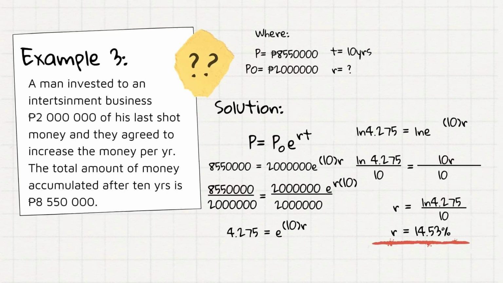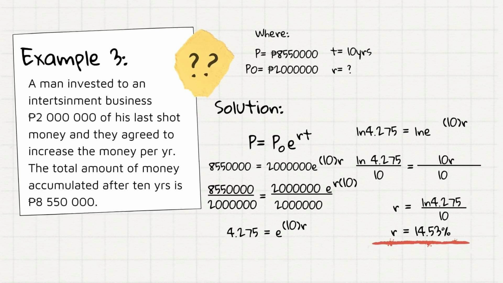So P is equal to 8,550,000 pesos and P sub o is equal to 2 million pesos. For the time, we have here 10 years. And the missing is the rate. So using the general solution, we have P is equal to P sub o e to the power of rate multiplied by time.